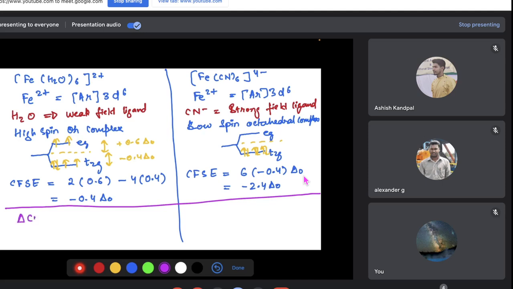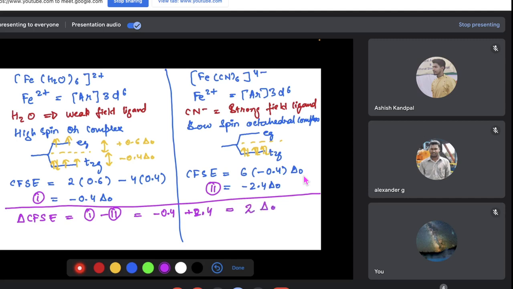So the delta CFSE for each complex, if I call this 1 and this 2, will be 1 minus 2, minus 0.4 plus 2.4, which gives me the value 2 delta naught.